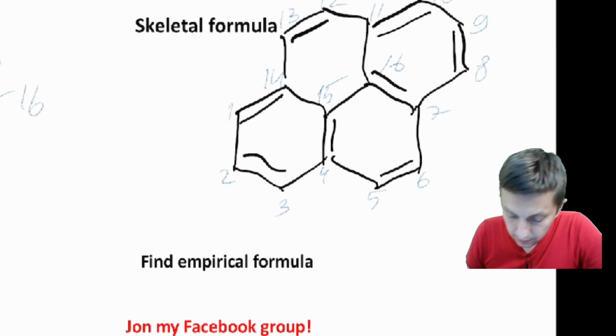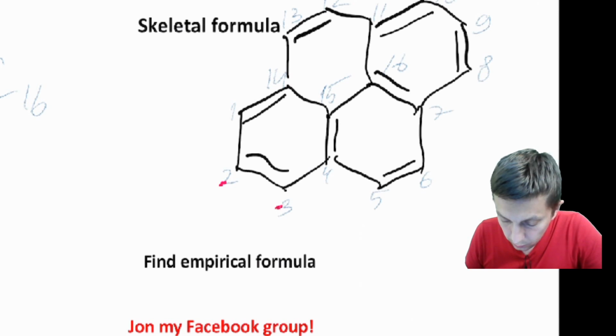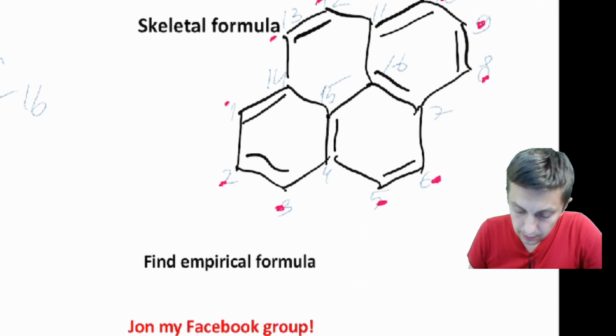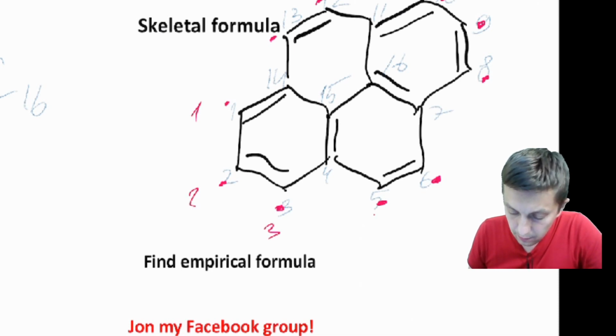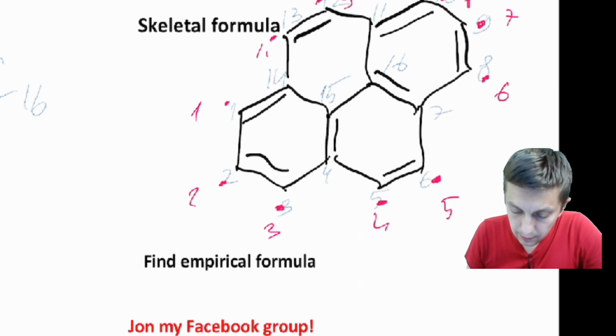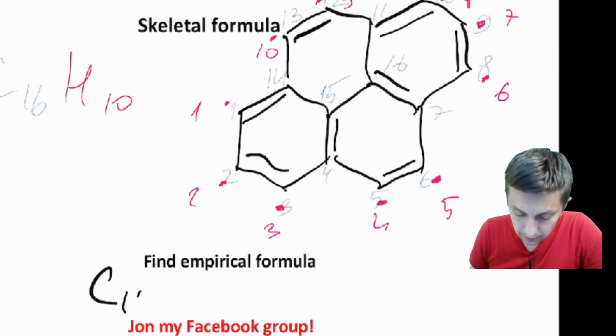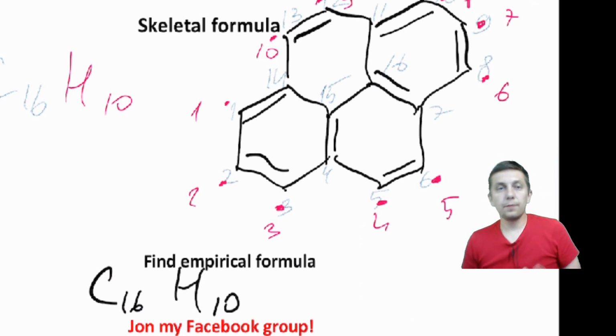And hydrogen: 1 through 10. Surprisingly, again 1 through 10. Okay, H10. So the empirical formula is C16H10. So if a molecule is symmetrical, there's no need to split it into parts.